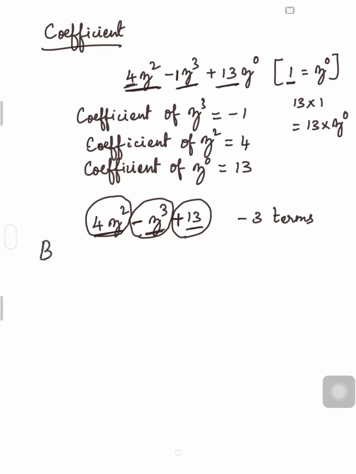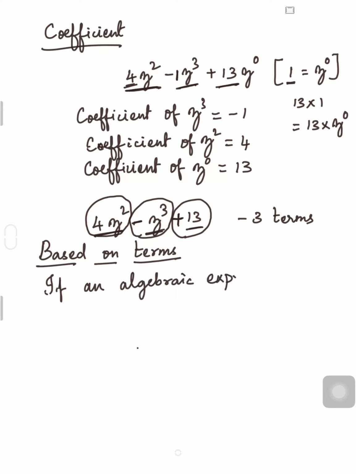So based on terms, how do you name the polynomial? For example, if an algebraic expression has only one term, it is called a monomial.